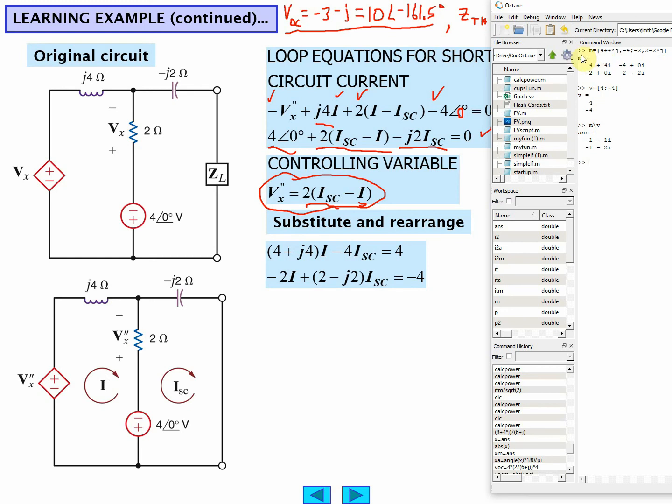So I have a matrix 4 plus 4j, and negative 4 here, 4 for the voltage, negative 2 here, 2 minus 2j here equals negative 4. And then I grab my answer, and this is what I get.